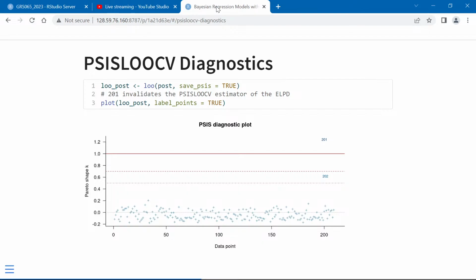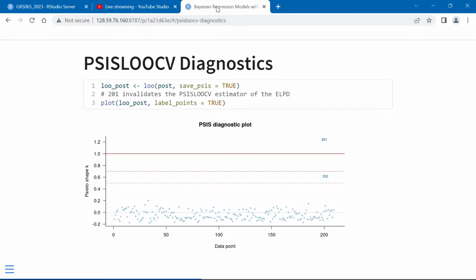This is in chronological order. And so, as was mentioned in the reading for last week, when the Pareto shape parameter is estimated to be greater than 0.7, the implied estimator of the ELPD is not good. And in particular, when the estimate is above 1, the estimator of the ELPD is not valid.